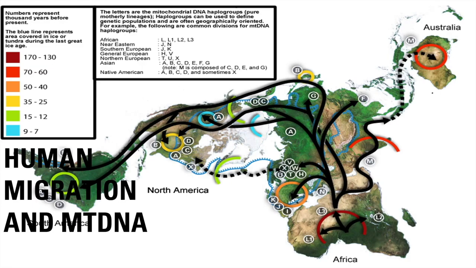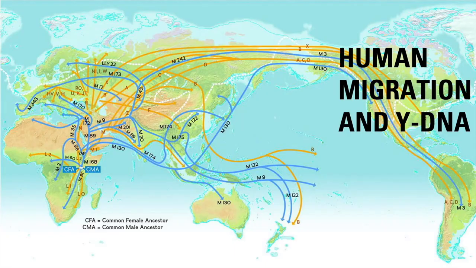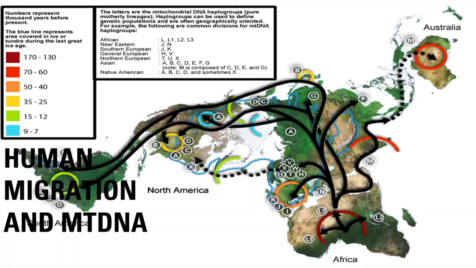subpopulations. So, for example, the distribution of your Y-DNA haplogroups, as we call them, throughout the world is sharper than those of your mitochondrial DNA due to patrilocality, no?